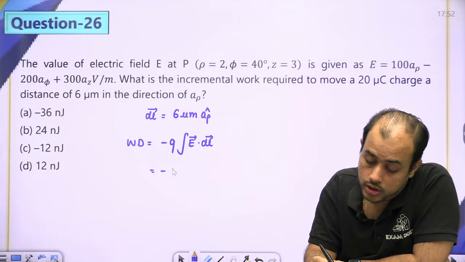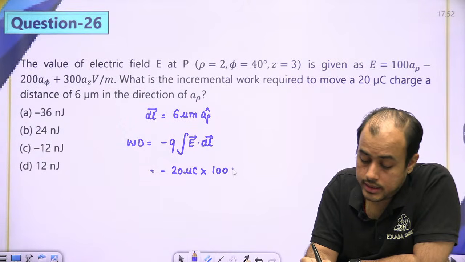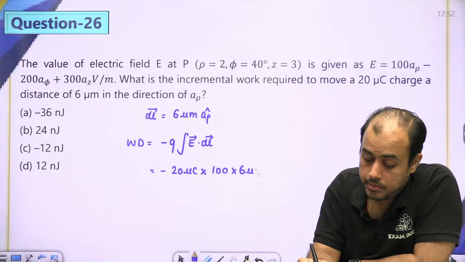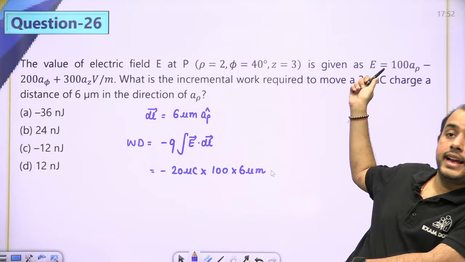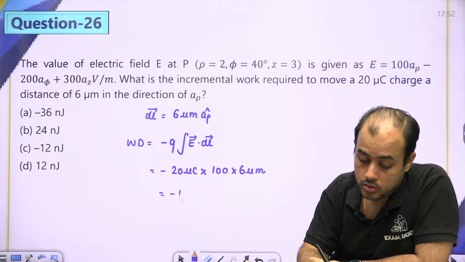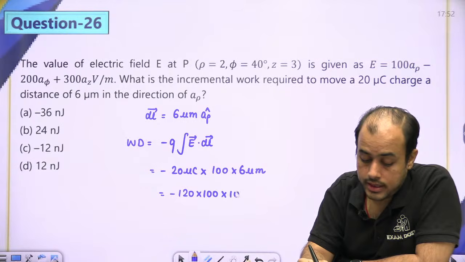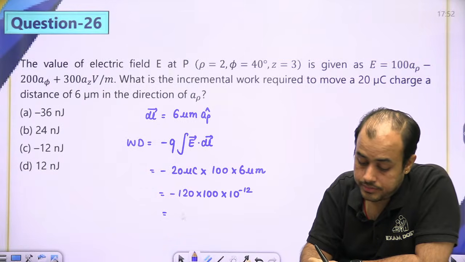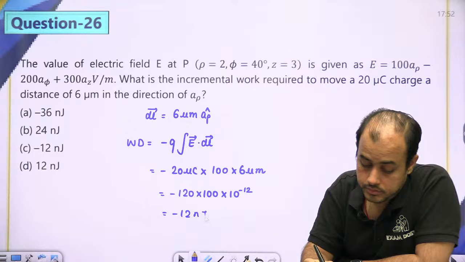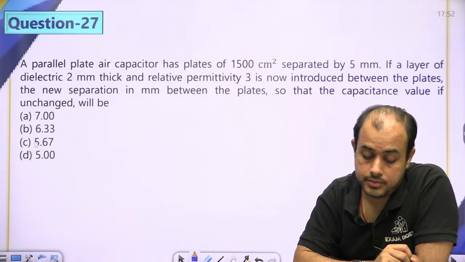The charge is 20 microcoulomb. E dot DL is 100 into 6 micrometer, because electric field arrow cap is 100. Minus 120 into 100 into 10 to the power minus 12. Minus 12 nano. Yes, see.